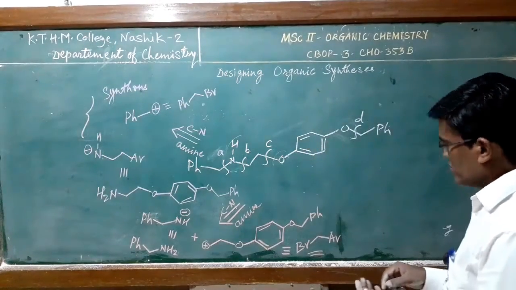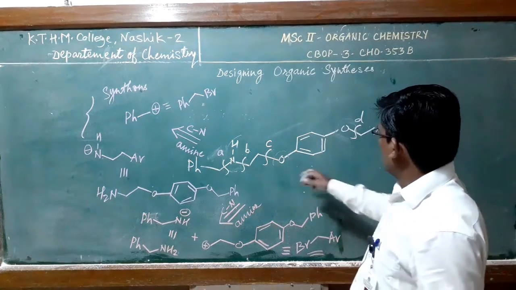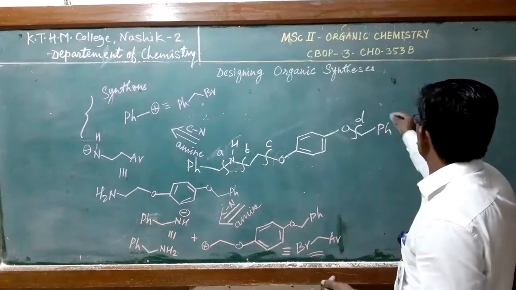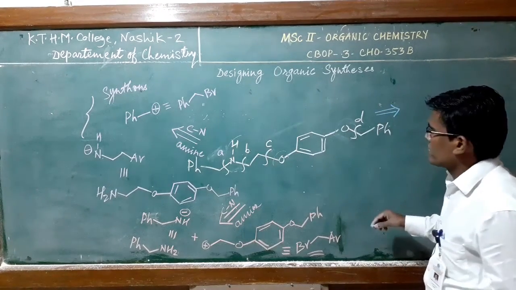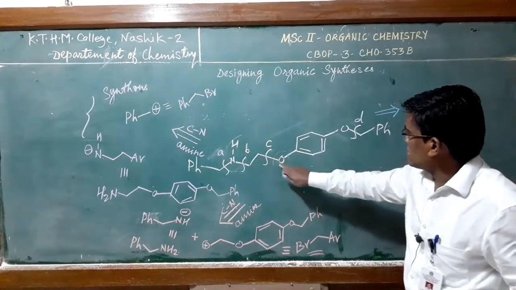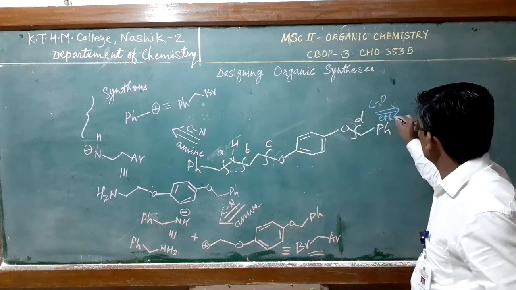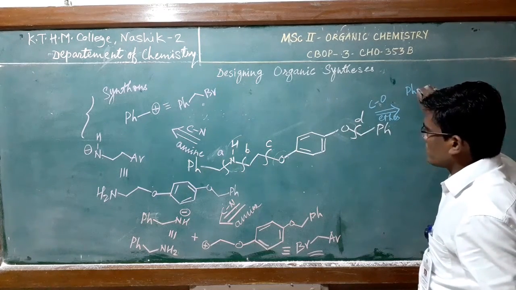Okay. Now, let us move to the CO disconnections, cleavage C. So, I will write over here. When you cleave this CO, you should write CO ether linkage. Then you will have these two fragments.